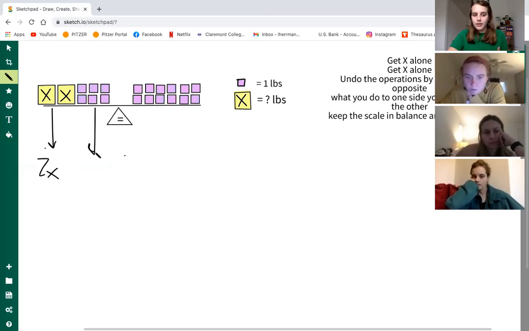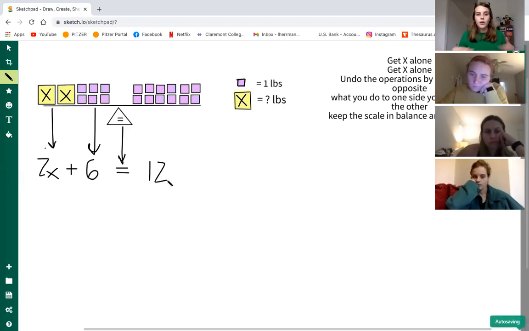So that will be represented just by the number 6. But we realized that those 2 quantities added together equal the entire weight on the left side. So there's a plus sign. We bring down our equal sign from our scale because our scale is at equilibrium. And on the right side, we have 12 1-pound boxes. So we'll add our number 12. Now we have an equation that represents what's happening on the diagram.